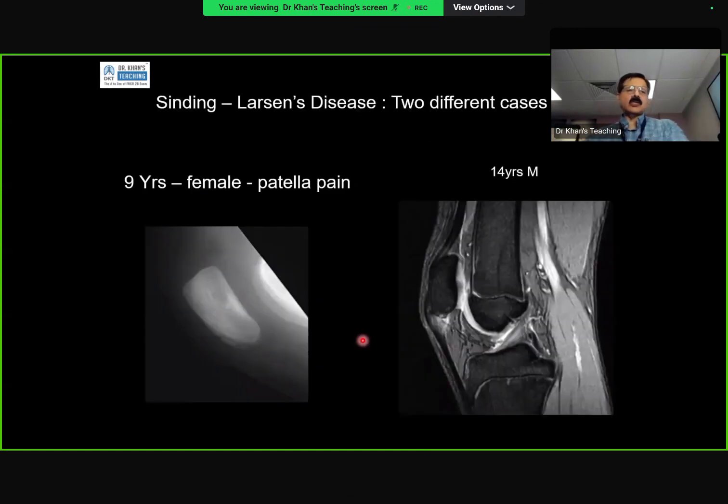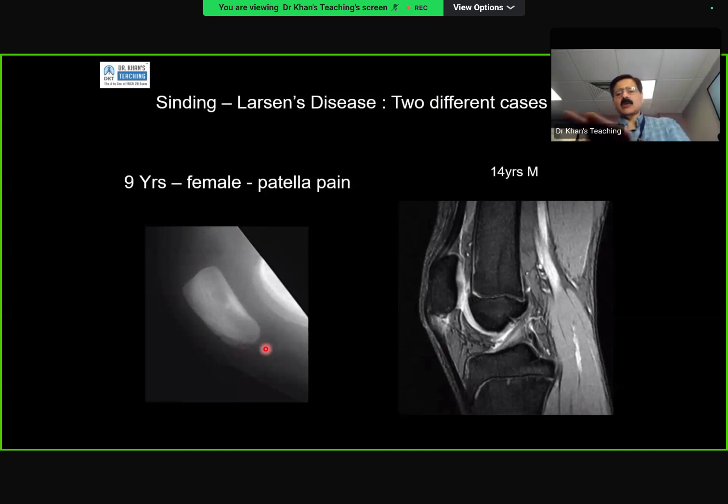When I started my radiology, if you read old textbooks, the first book which I read was 1987 Saturn. They had mentioned this as avascular necrosis. Can you imagine? The concept at that time was that there is avascular necrosis of the inferior pole of the patella because MRs etc. were not available.